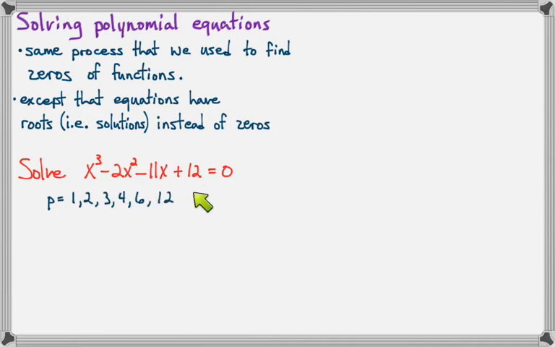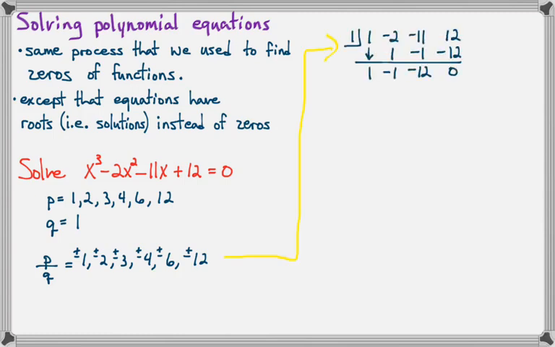So here are my P numbers, all the factors of 12. And my Q numbers are just all the factors of 1, so simply 1. Then P over Q is every one of these over 1, so they all stay the same, but I have to consider the positive or negative value of each one.